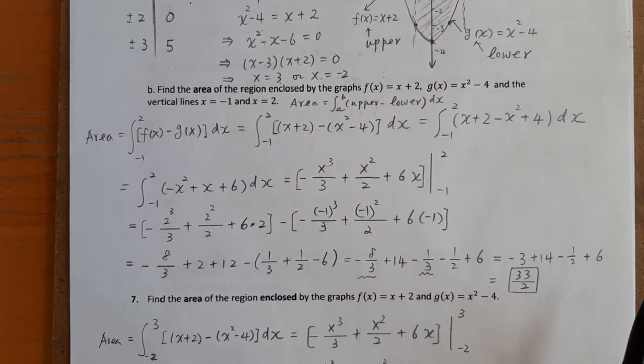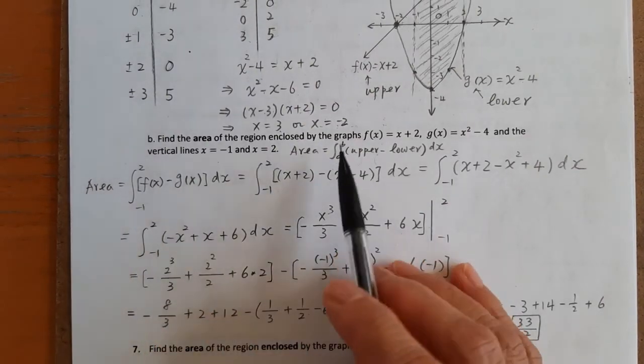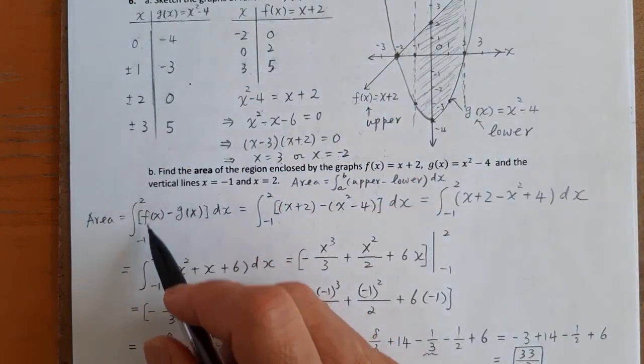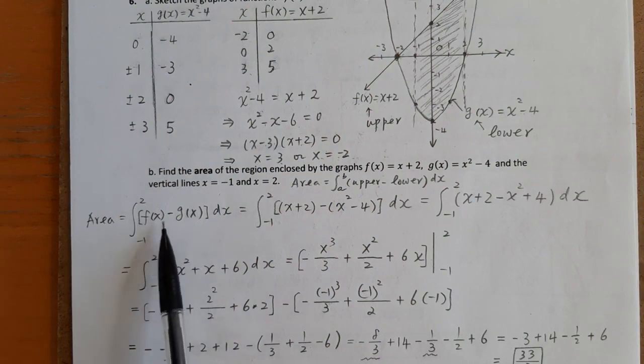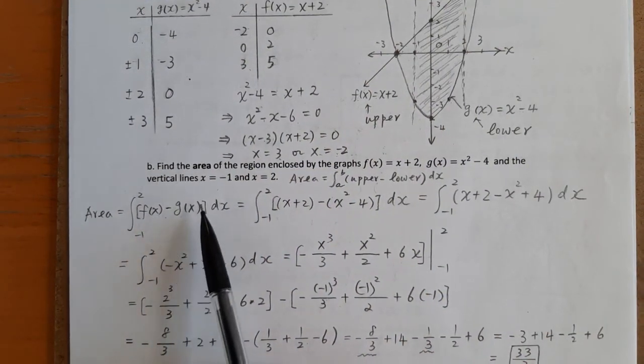So the area is equal to the integral from negative 1 to 2. Upper function is f of x, minus lower function, g of x, dx.